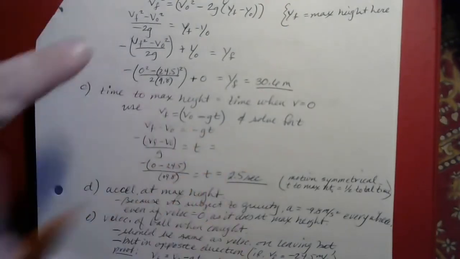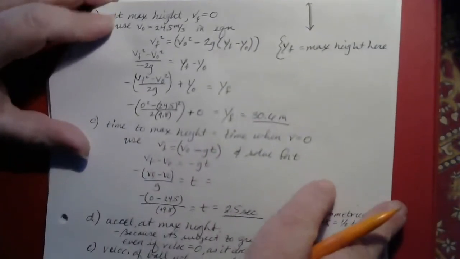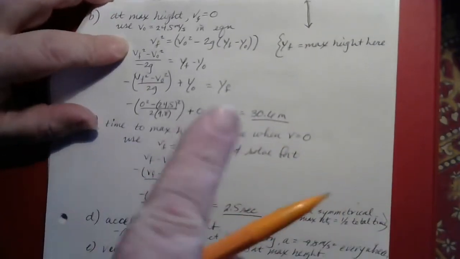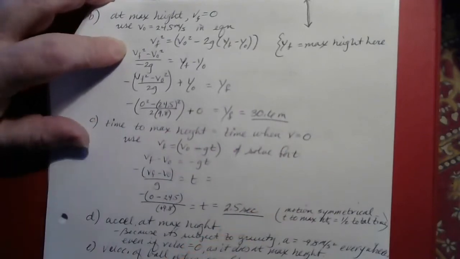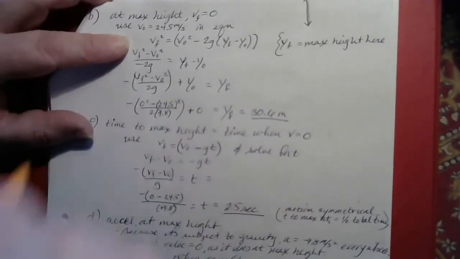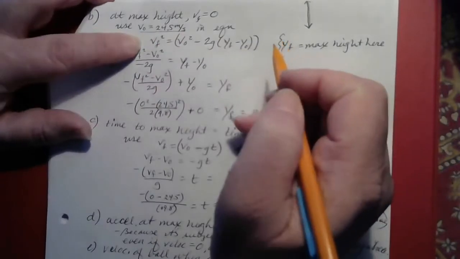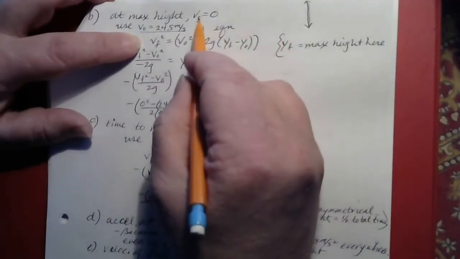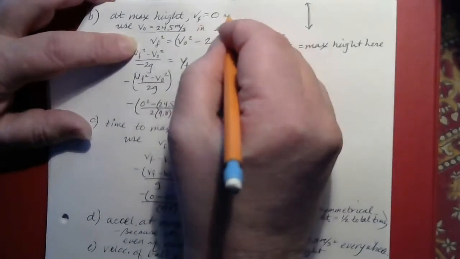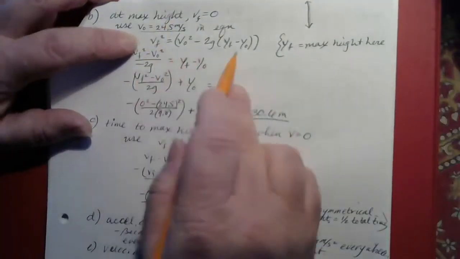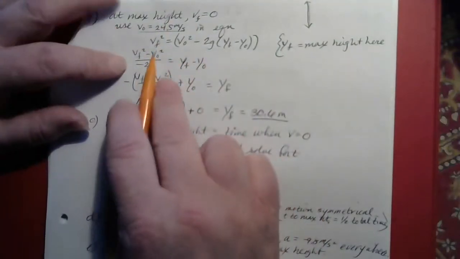And that is very useful information to know for the purposes of these equations, because that fact is how we're going to find the maximum height. So if V original is 24.5 and V final at maximum height is 0, then we can put those numbers in for this equation.